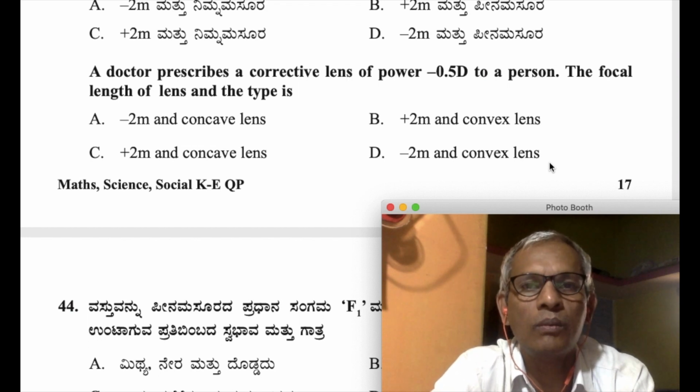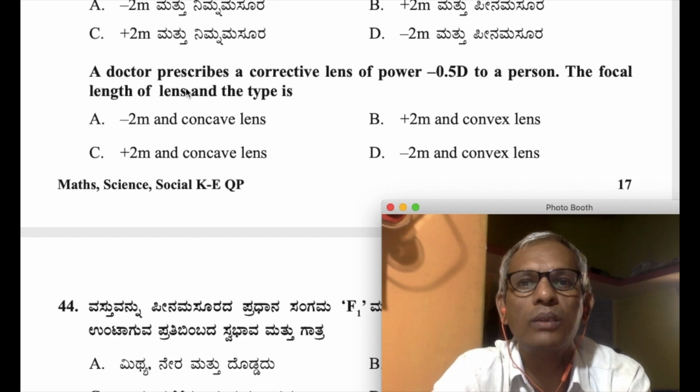So what is the question? The question says a doctor prescribes a corrective lens of power minus 0.5 D to a person.